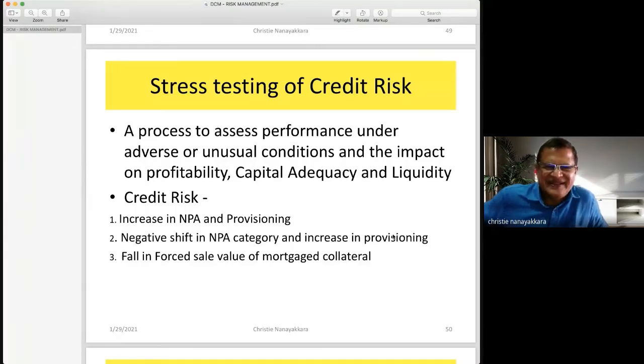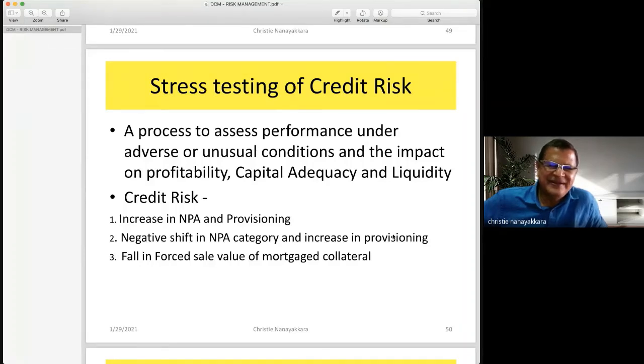During this moratorium period, some customers had the ability to repay, but when the government gives it, they sometimes use the complete moratorium before repayment. So the process of assessing performance under adverse conditions is a type of test we call stress testing.